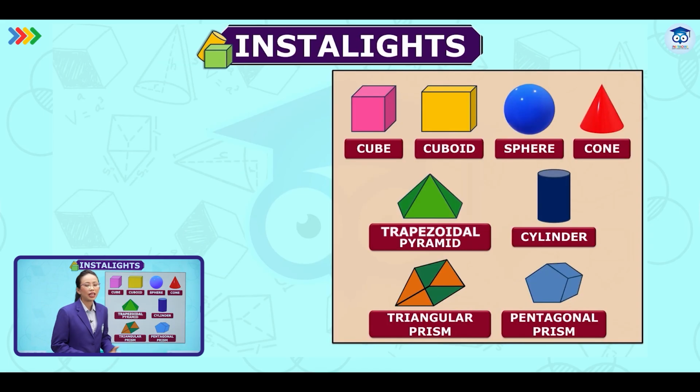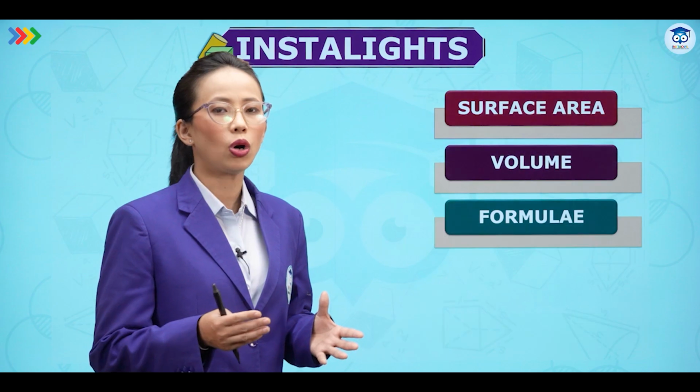So let's recap what we have learned in this video. In this video, we have understood about the different shapes of 3D objects like cube, cuboid, sphere, cylinder, pentagonal prisms and all, right? We have also learned about the surface area of 3D object.